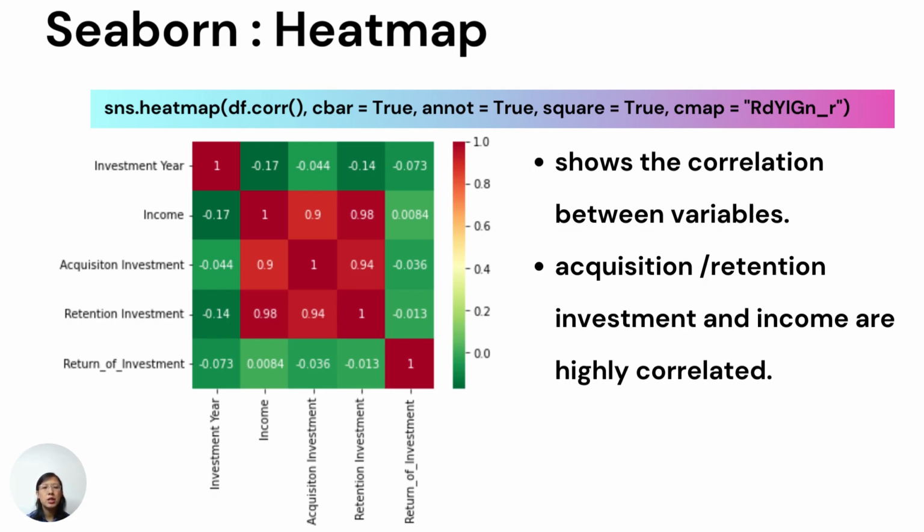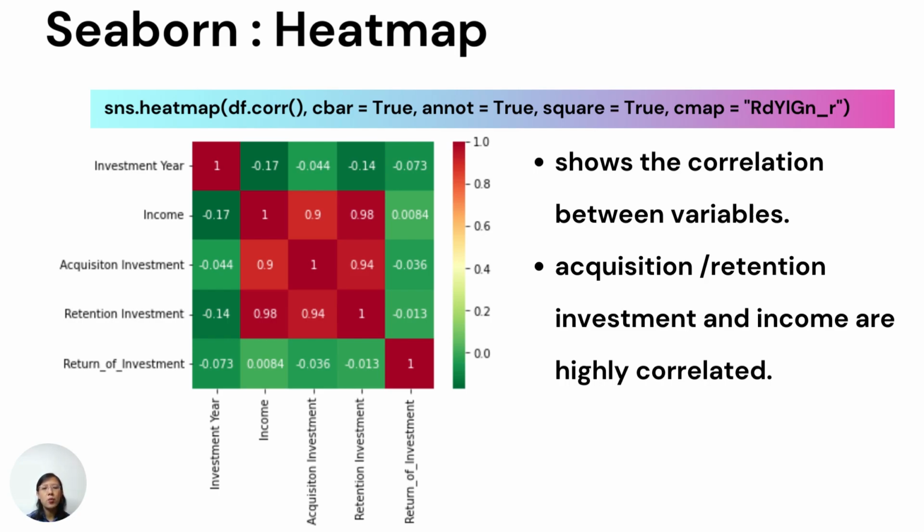Here you can see that this is a result generated by sns.heatmap. It shows the correlation between variables. Red color shows high correlation between income and acquisition investment or income and retention investment, as well as between acquisition investment and retention investment. With the color coding, we can see very clearly which variable has high correlation.